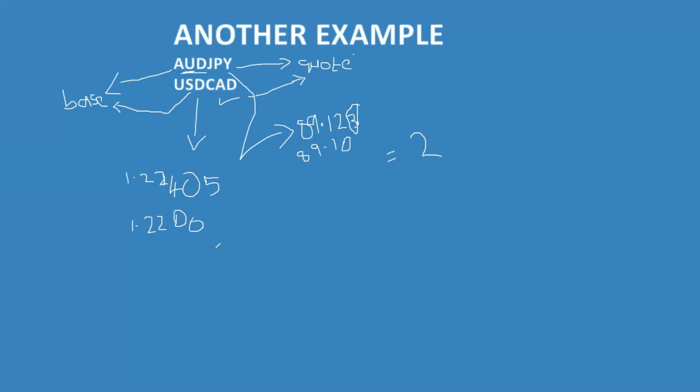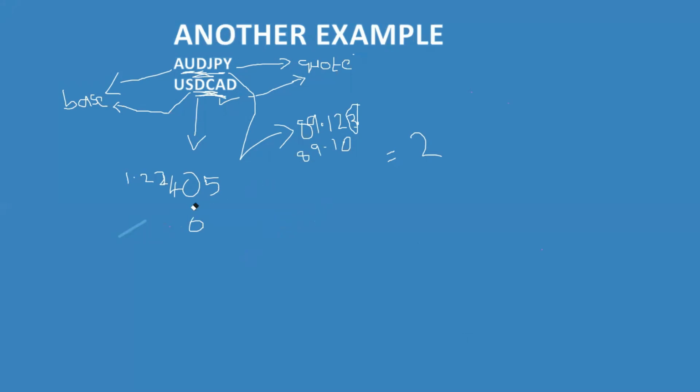So how many pips have you made in this trade now? It's simple: 0 minus 0 is 0, 0 minus 0 is 0, 4 minus 0 is 4. So you have made 40 pips. That's how to calculate your pips, whether it is on the 4 decimal places for this pair, or these ones that are quoted in 2 decimal places for the JPY pairs. So it's as simple as that.